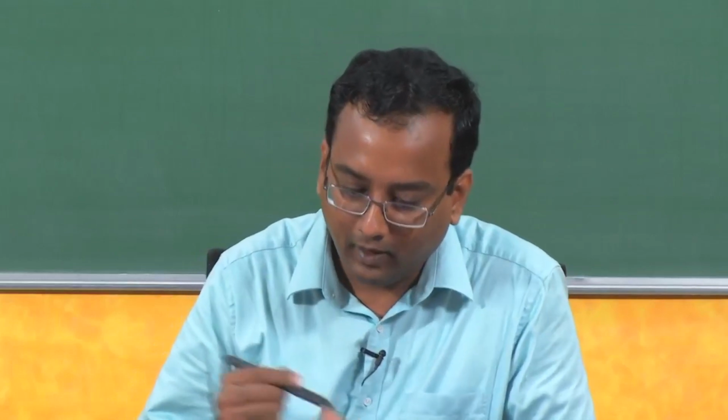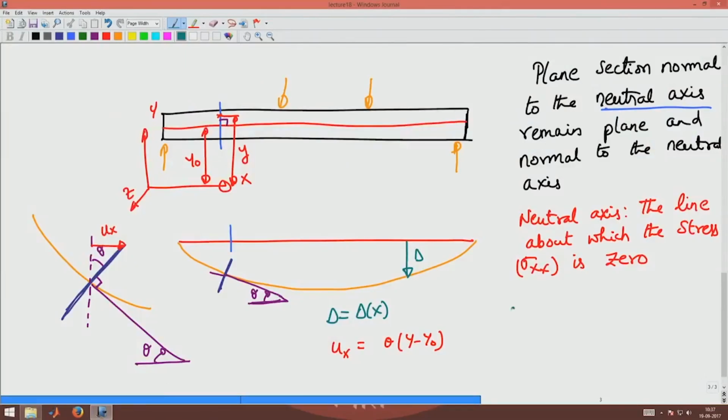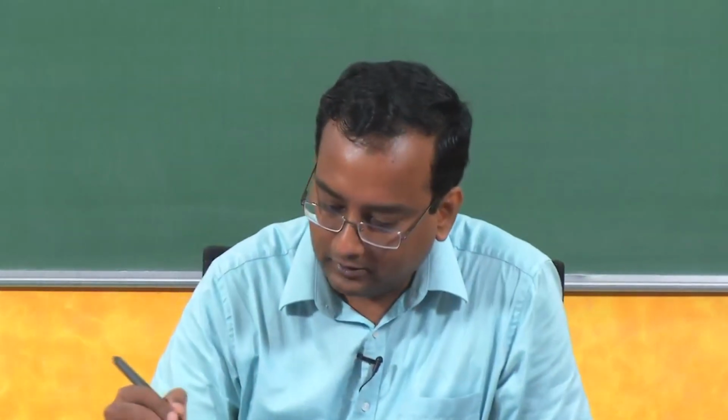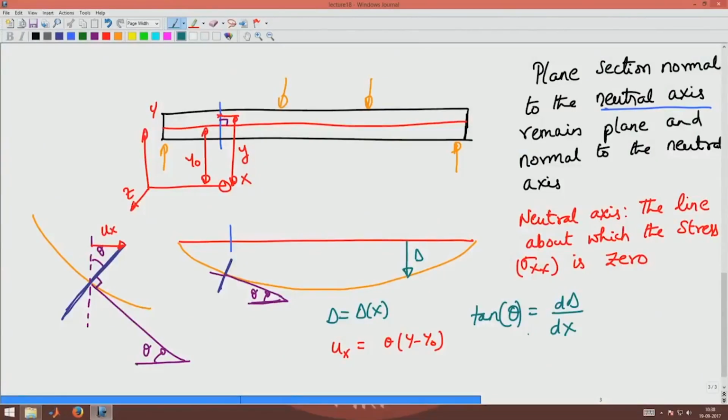Then what will this theta be? Tan of that theta is going to be d delta by dx. You know that the slope of a line, the tangent to the curve at a point, is given by the derivative of the function with respect to x. So, theta is this.